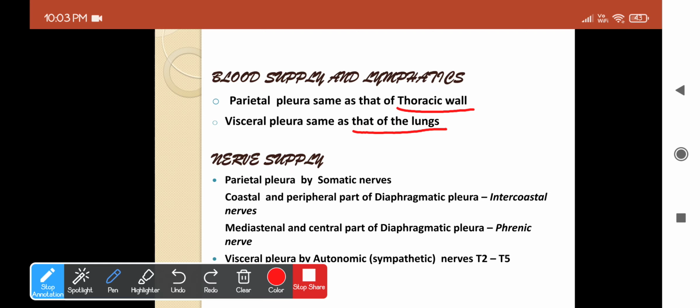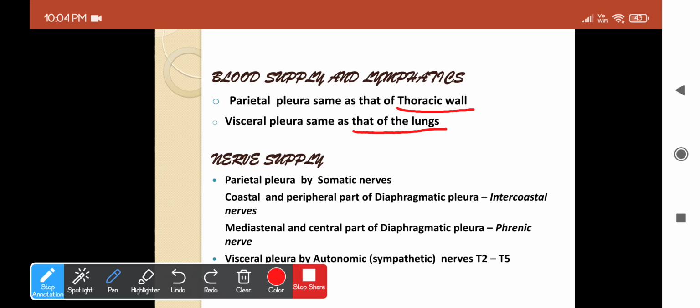Okay, going for the nerve supply, the parietal pleura is derived from the somatopleuric layer of the lateral plate mesoderm. We know all the tissue develops from three basic embryonic germ layers, namely ectoderm, mesoderm, and endoderm, right? So this parietal pleura develops from the somatopleuric layer of the lateral plate mesoderm.